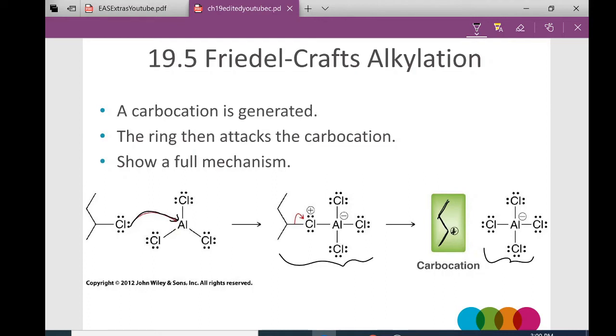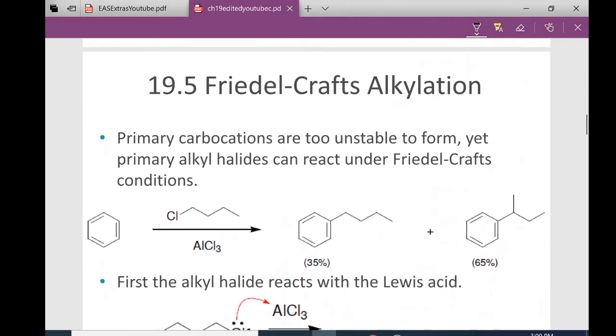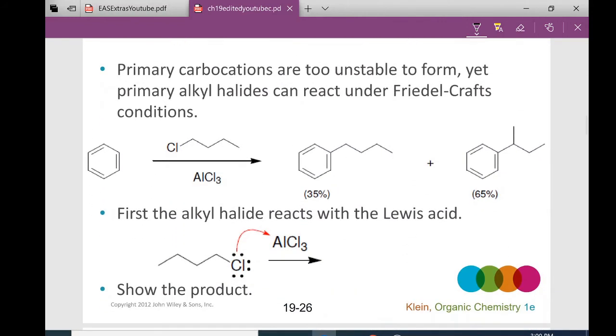Now the carbocation is pretty much a full carbocation, and it can undergo rearrangements, and that is the disadvantage to a Friedel-Crafts alkylation. If your carbocation is able to rearrange, it will.